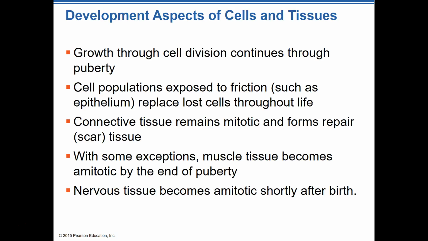So as we grow throughout our lifetimes, cell division continues through puberty with many of the cells, and then some of that starts to trail off after puberty. Cell populations that are exposed to friction, such as the epithelium, are replaced or lost throughout our lifetime.